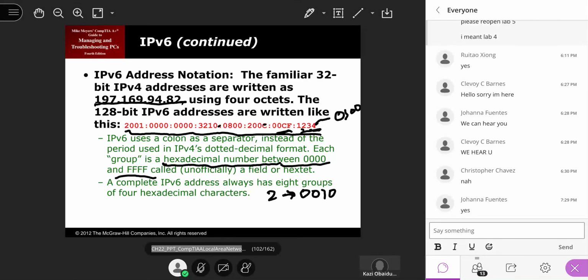And then you have 0, meaning 0, 0, 0, 0, and another 0, 0, 0, 0. And then you have 1, which we write as 0, 0, 0, 1. Understand?